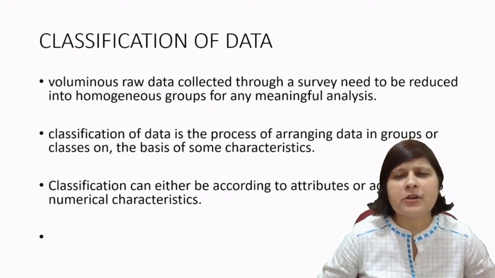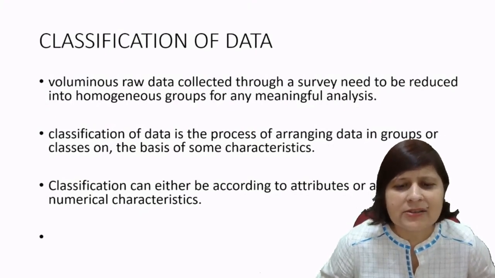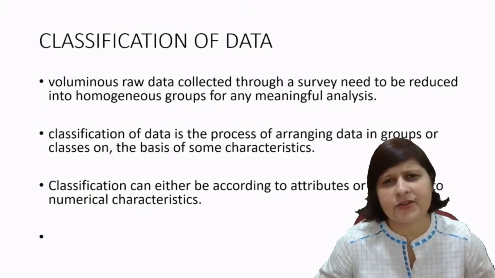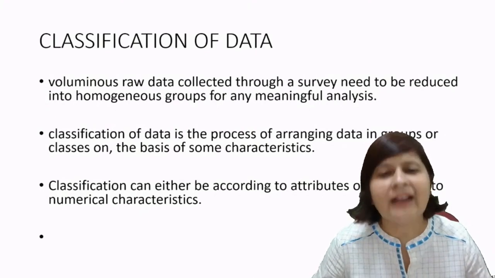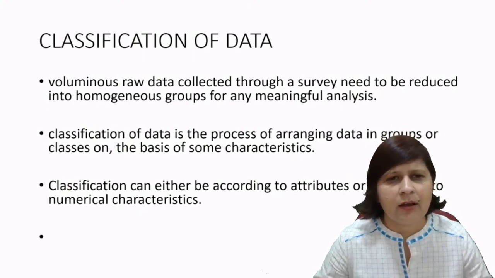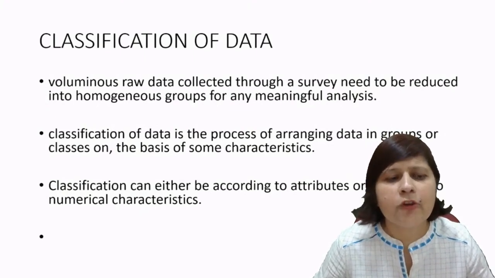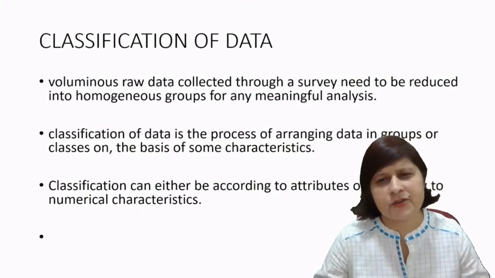Classification of data is the process of arranging data in groups or classes on the basis of some characteristics. What is classification of data? Classification is division of data, arrangement of data in groups, on the basis of some characteristics.